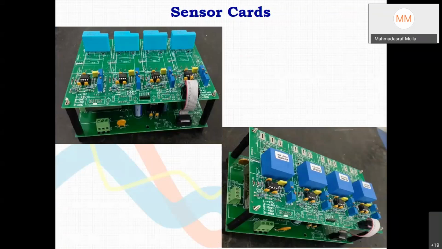This sensor card will calibrate my full load current or full load voltage to that range. So maybe 300 volt is mapped to 3 volt. Whenever it represents 3 volt at the microcontroller pin, it is actually 300 volt in the power circuit. That is why we require this sensor card, where we can calibrate and reduce the magnitude of the sensor output to whatever we desire.